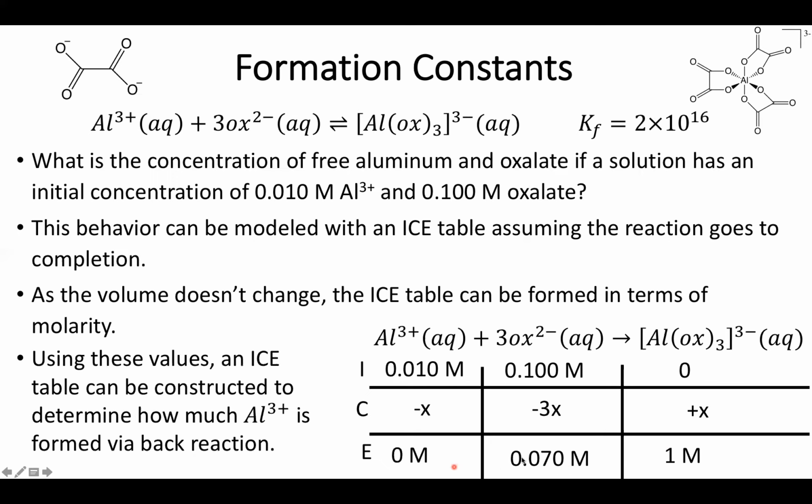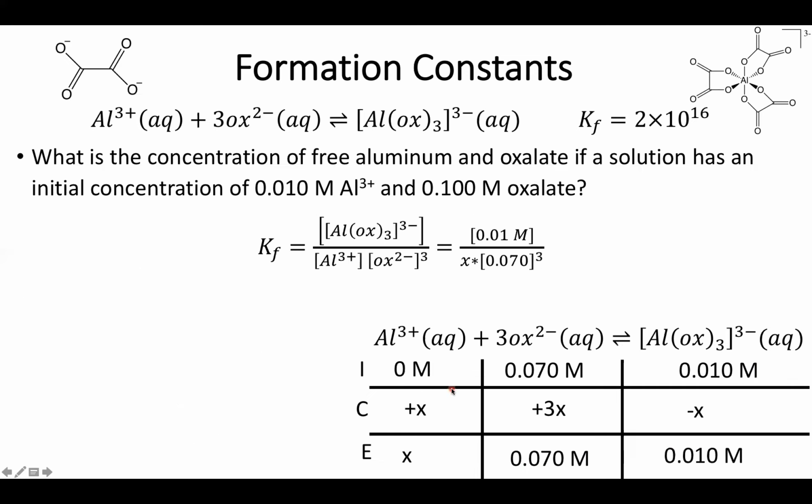And using these values, now that we've assumed the reaction mostly goes to completion, we can look at that back reaction to see how much aluminum will actually be generated once the system reaches a full equilibrium. In order to do this, we'll construct our new ICE table, where this time we're starting with our aluminum oxalate compound and producing some free aluminum.